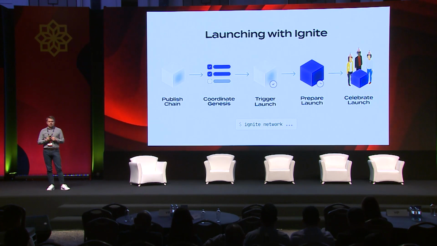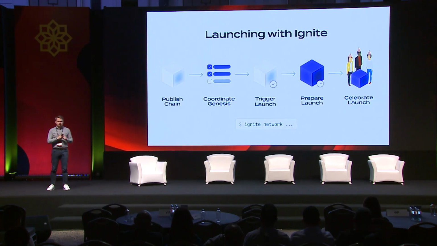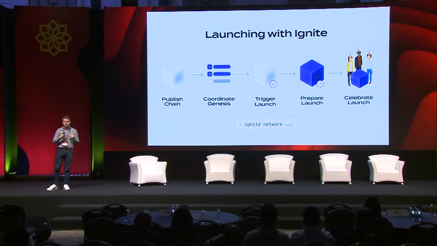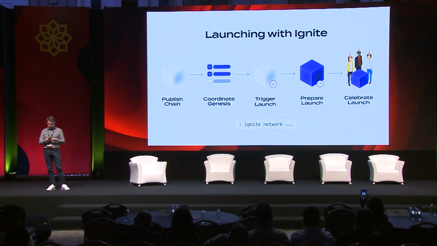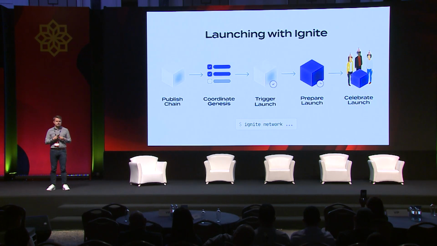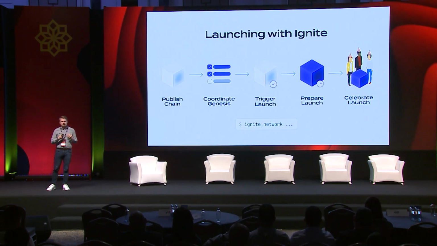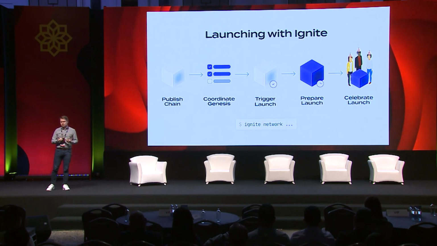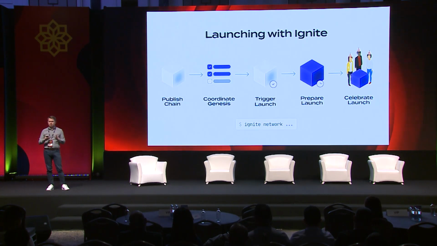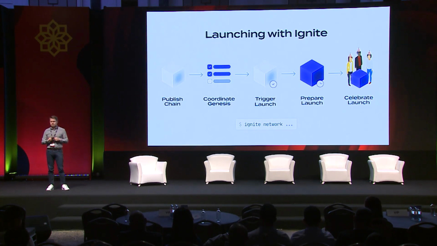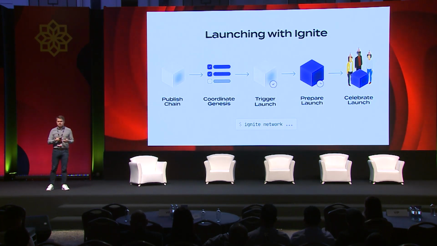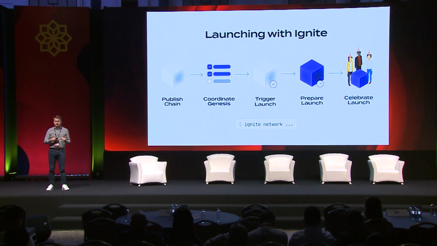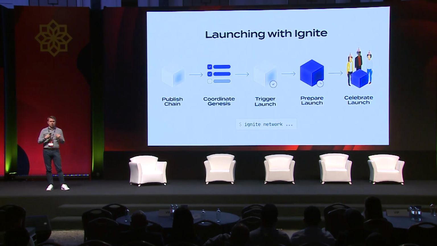So Ignite goes a step beyond that. So after we implemented the functionality for building blockchains, we quickly realized that the next step is to allow people to easily launch chains. And that's the second big part of what Ignite offers. So after your blockchain is ready for your first testnet, you will use Ignite CLI to publish it online.